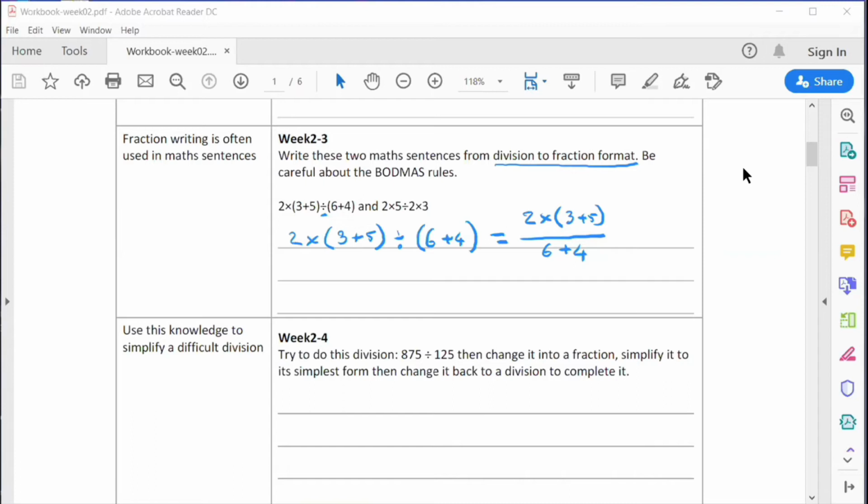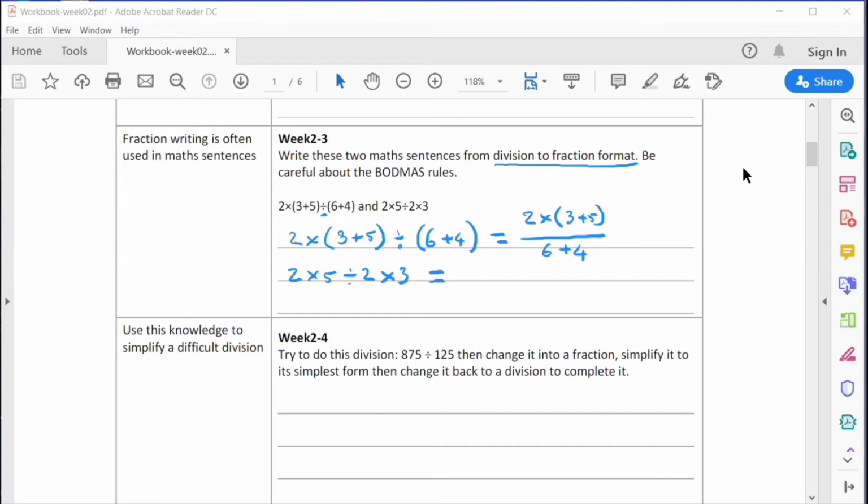Now the next one is 2 times 5 divided by 2 times 3. Now this one is tricky. Has any of you done it?